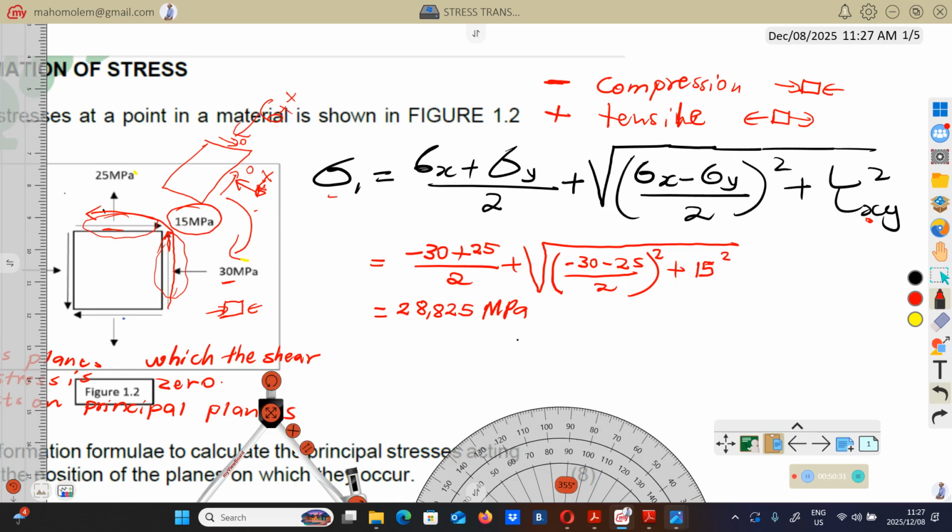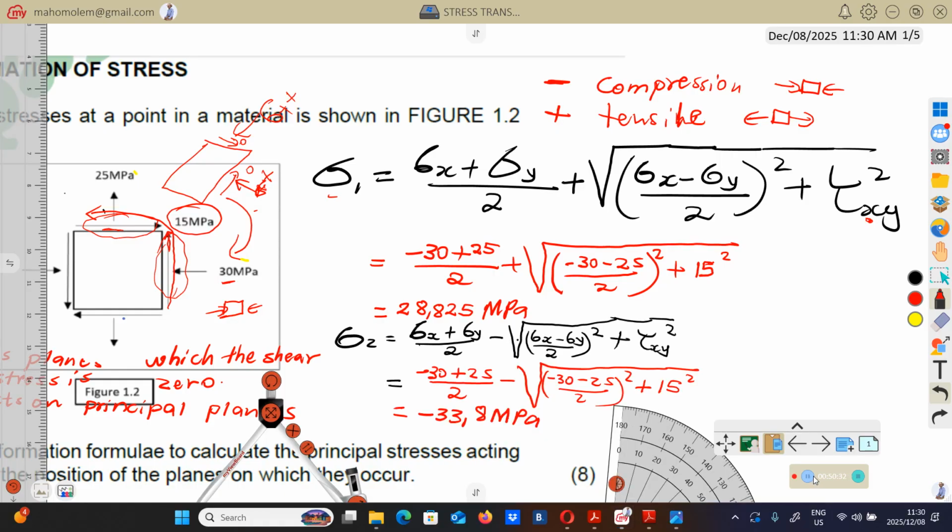So yeah, the difference between the formulas is just the sign. So this one is positive, this one is negative. So you will get this as principal stress number 2. And since we get negative here, it means that, as I've said, we don't know whether this one is for this one or for this. I will show you that later.